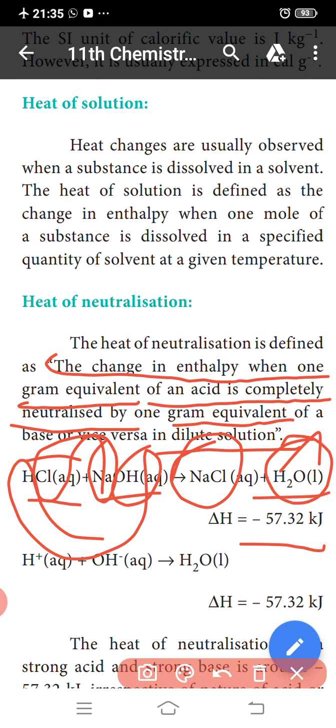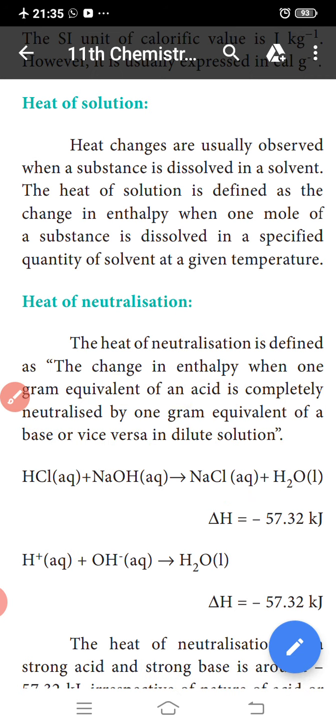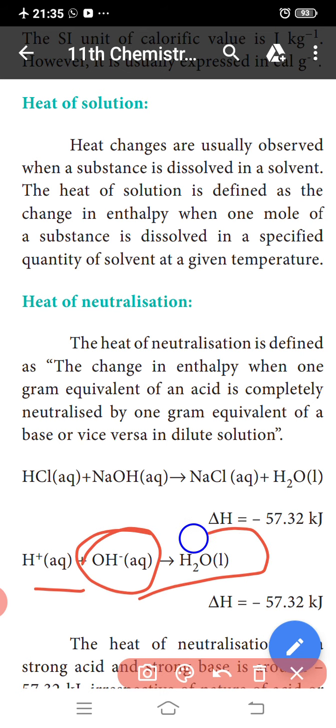Okay, next, H plus ions and OH minus ions react to form water molecules, with the same value, minus 57.32 kilojoule.